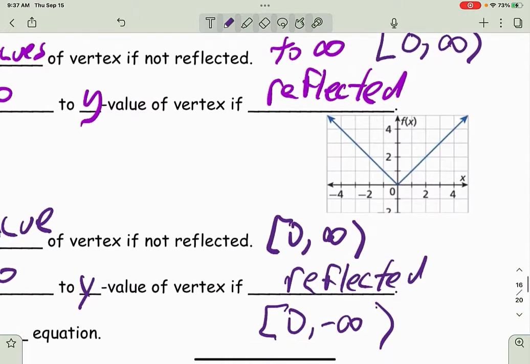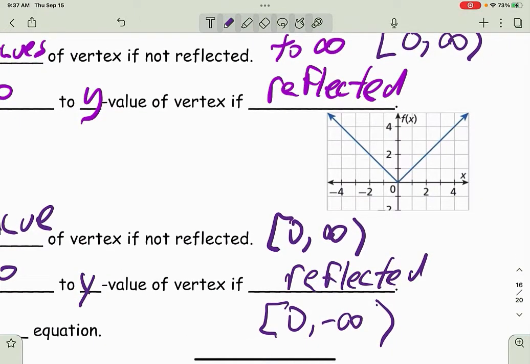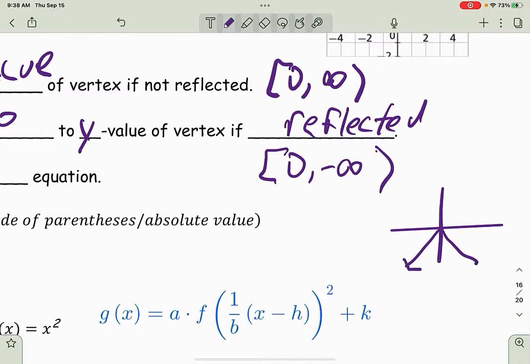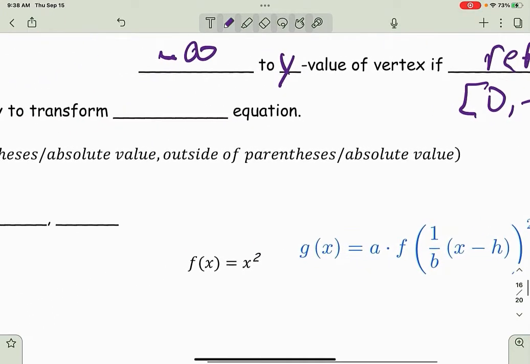And again, here's an example of the parent function. And if we were to reflect it, it would look something like this. As you can see, if it's reflected, the y value is going to negative infinity.